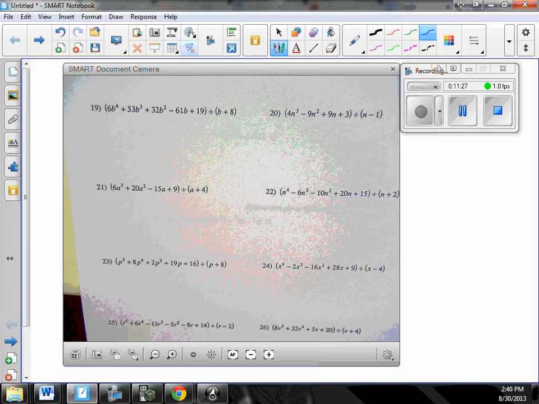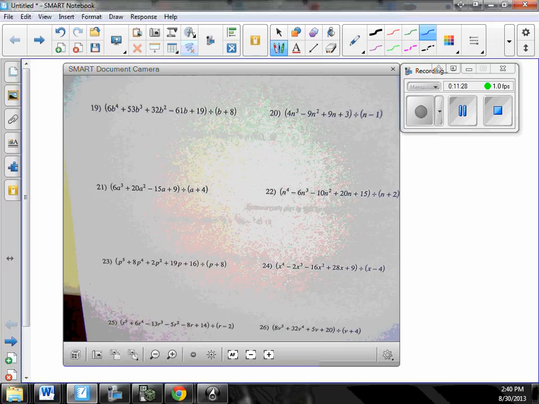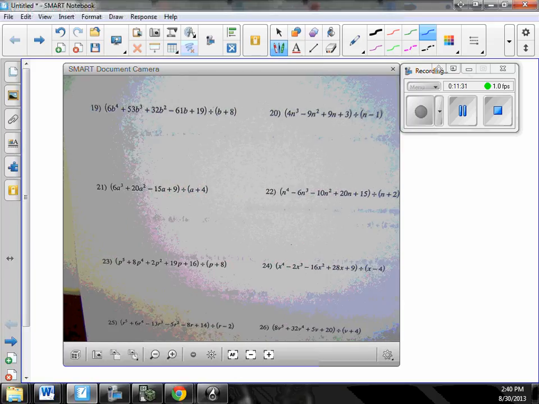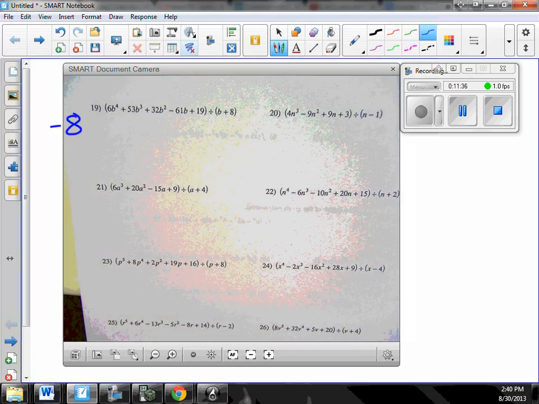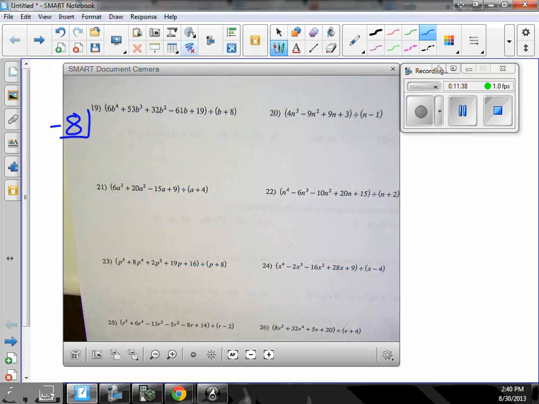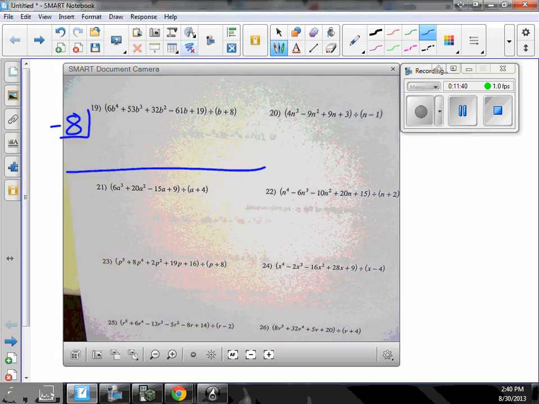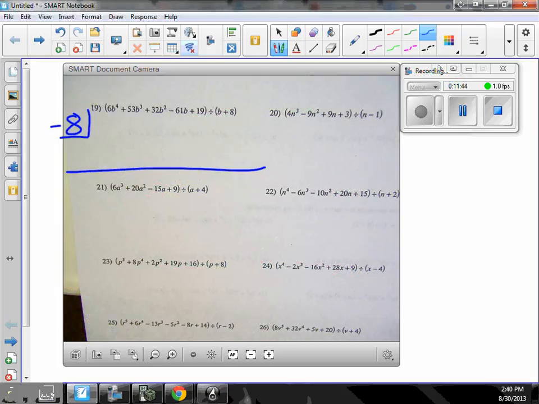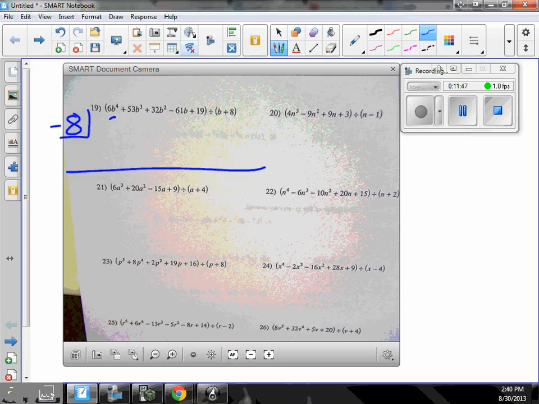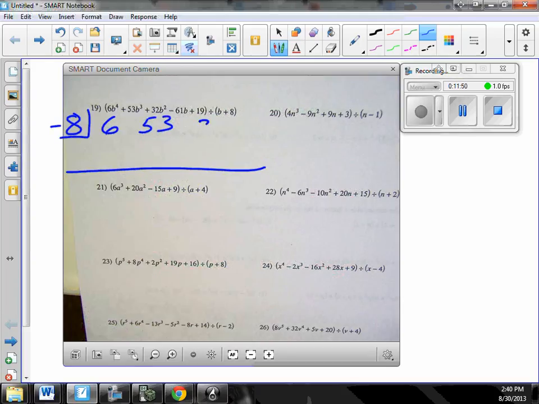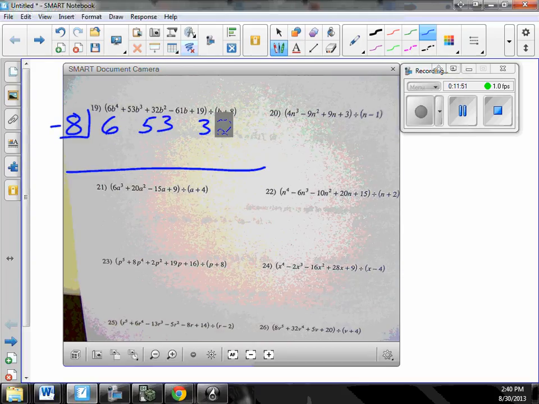So let's do number 19. Negative 8 goes in the box. Am I missing any variables? No. So 6, 53, 32, negative 61, and 19.